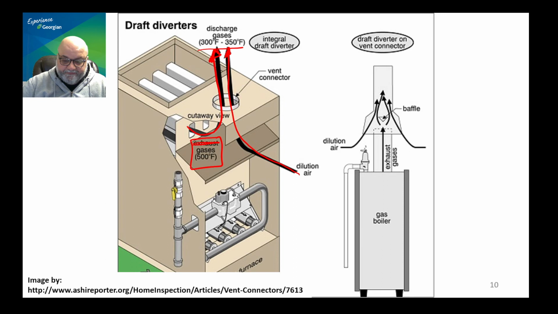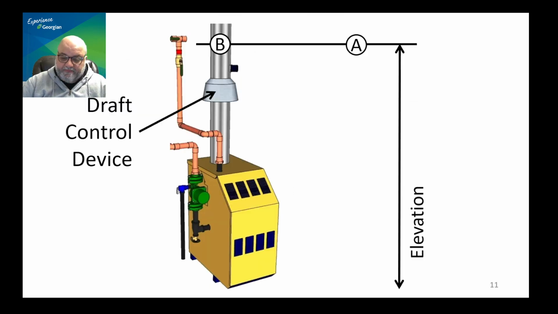That's one way. And the other way is when you have a hot water heater or a boiler, as in the previous slide, you can always have dilution air being mixed with the flue gases right there.